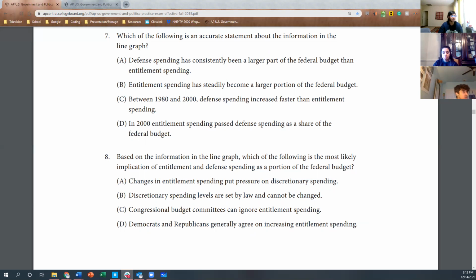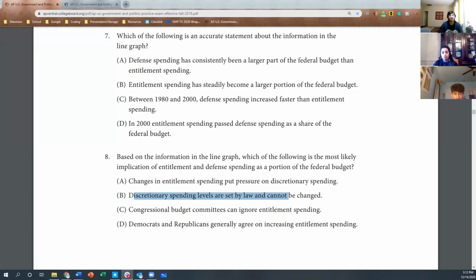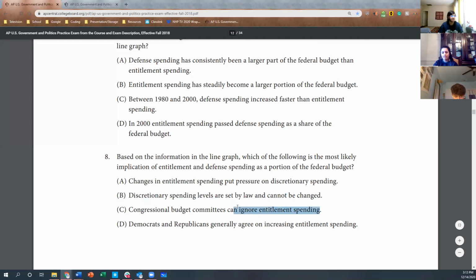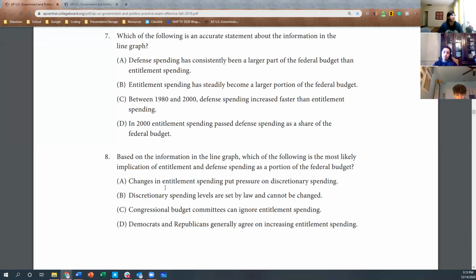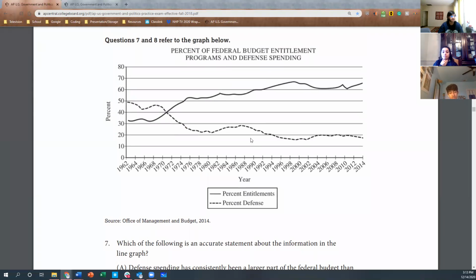A doesn't work: discretionary spending levels are set by law. No, they can be changed. That's why they're discretionary, right? Democrats and Republicans generally agree on increasing entitlement spending. Wait, wouldn't it be A then? Because defense spending is discretionary, so as entitlement spending increases, it puts pressure on discretionary.